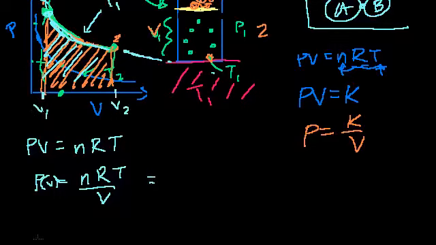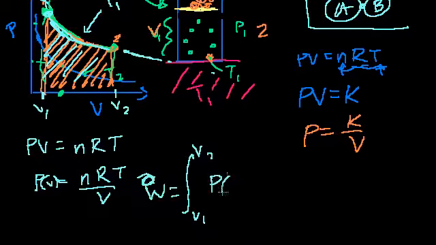So what is that going to be? Well, we're going to integrate from V1 to V2. Actually, that shouldn't be an equal. The work is going to be the integral from V1 to V2 times our function, P as a function of V, times dV. Right? We're summing up all the little rectangles here. We did that a couple of videos ago.